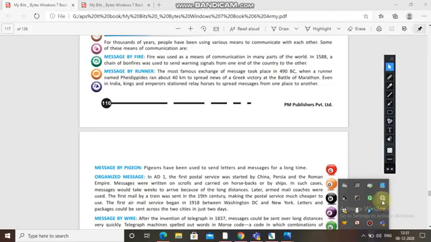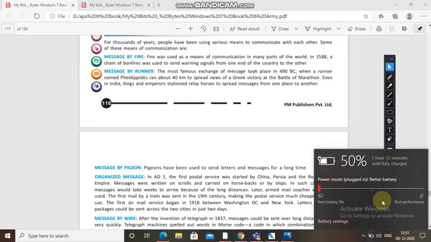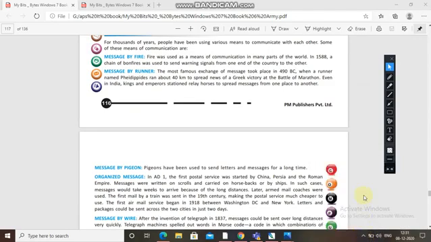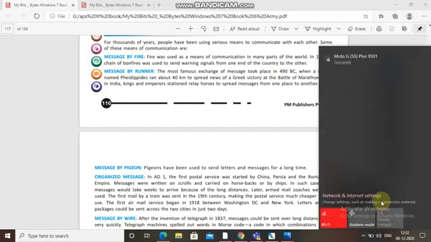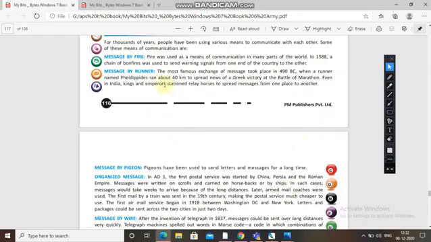Next, message by runner. The most famous means of sending messages took place in 490 BC, when a runner named Pheidippides, remember this word, ran about 40 kilometers to spread news of the Greek victory at the Battle of Marathon.